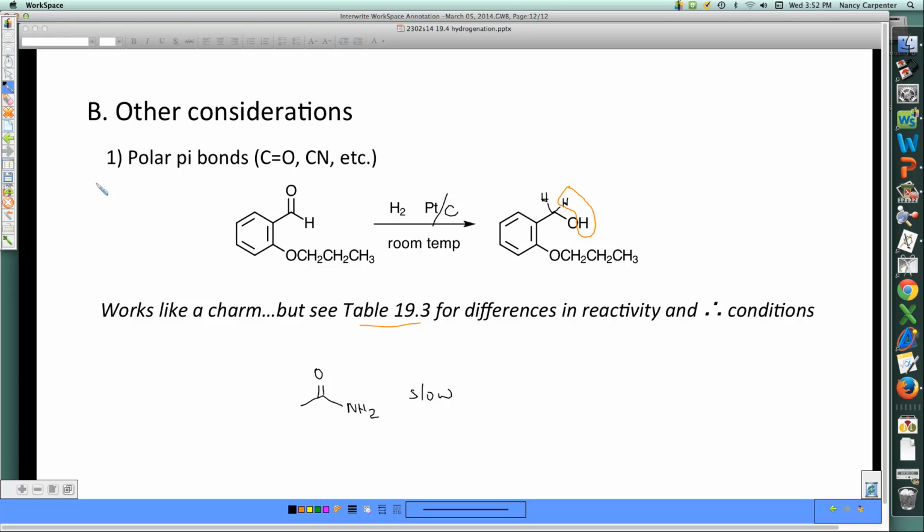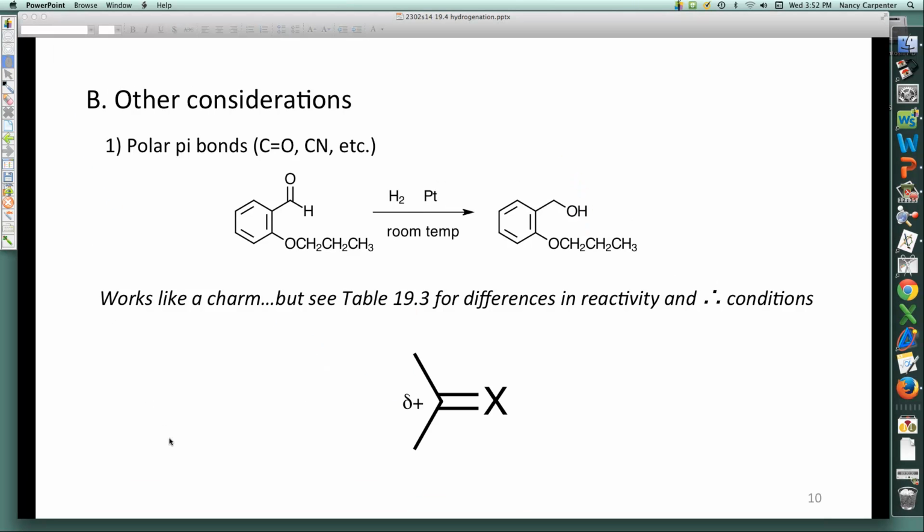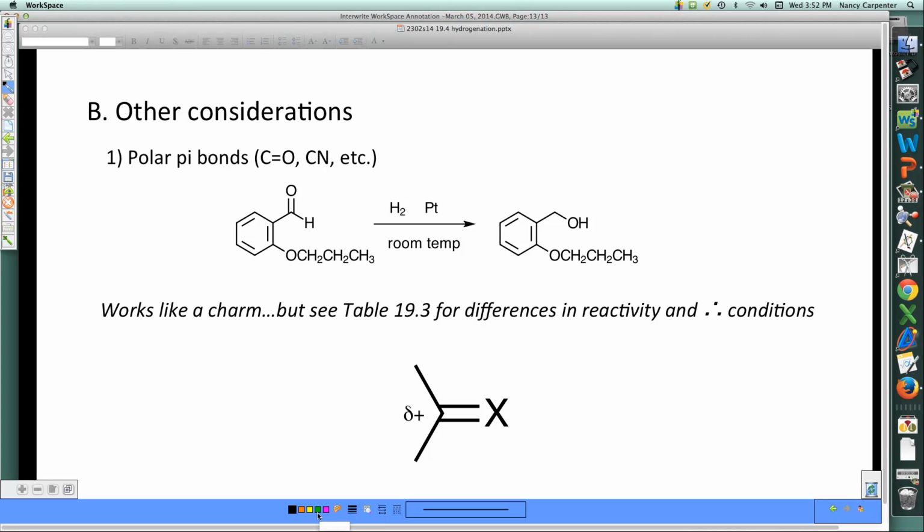So that's actually kind of handy because we already know that we can use our hydride reducing agents that are nucleophiles to reduce those more stubborn functional groups. So lithium aluminum hydride will reduce anything, amides, the nitriles, etc. So this works great for the more reactive functional groups, but we might as well use the elephant gun here for the things that are a little bit more stubborn.